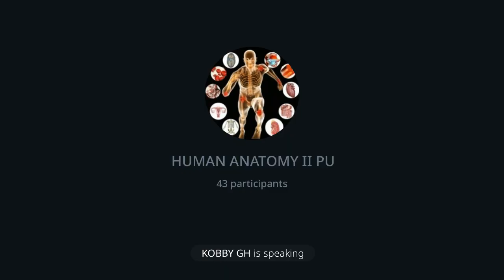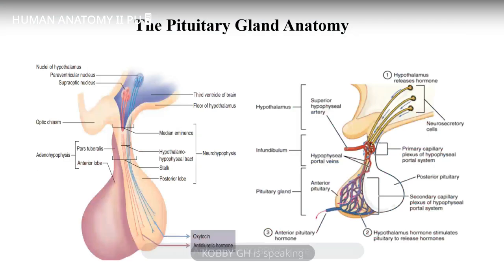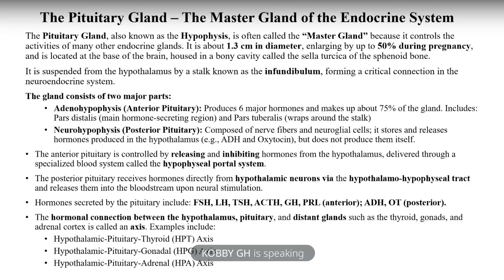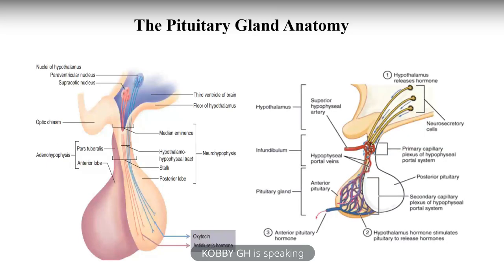Again, we can also ask you to state the hormones that are produced by the pituitary gland. Who can mention the hormones produced by the pituitary gland?